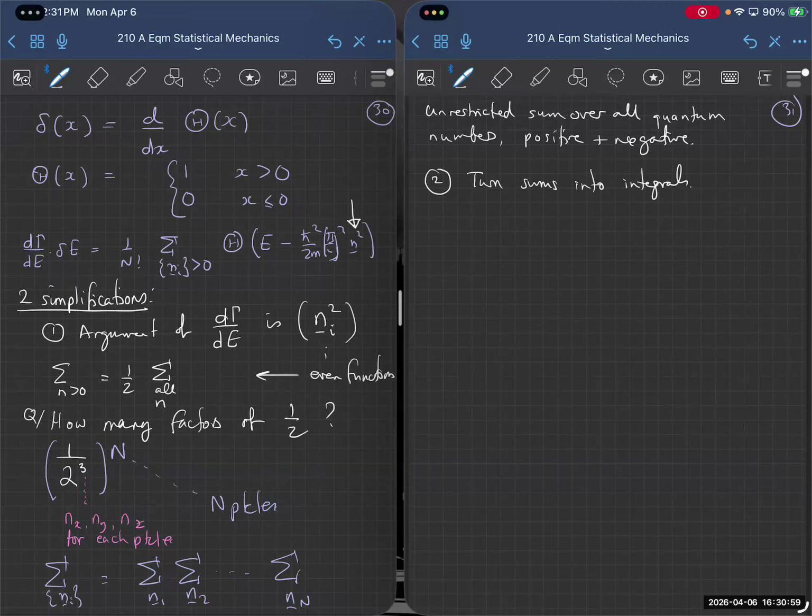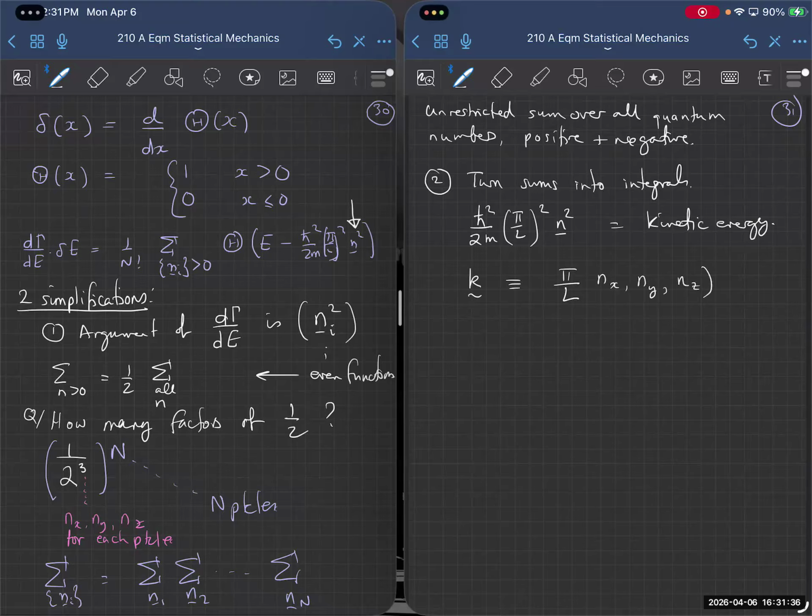If you look at the kinetic energy of the particles, we've got these terms, ħ² over 2m, π over L squared, n squared. That is the kinetic energy. Another way to write it would be to define a wave vector k to be π over L times (n_x, n_y, n_z).